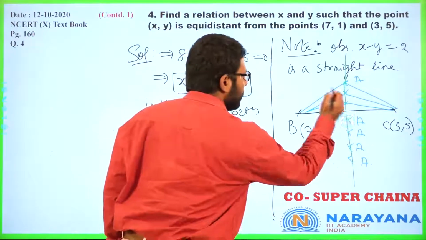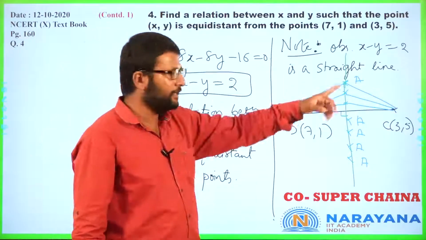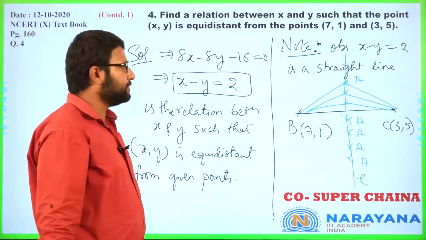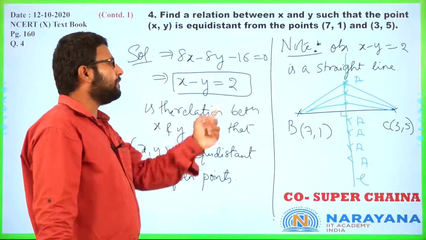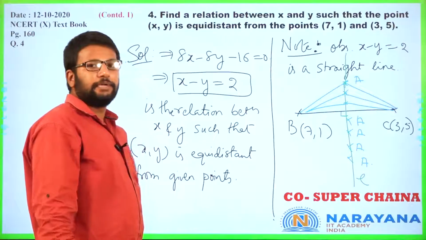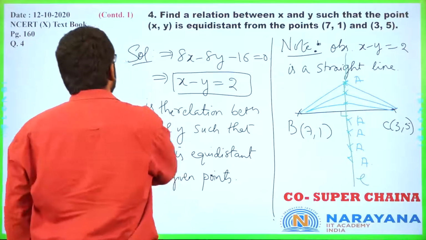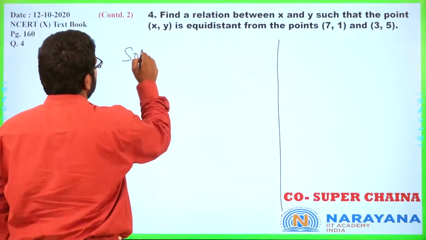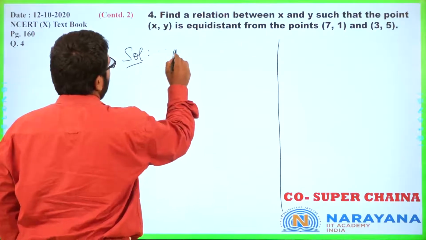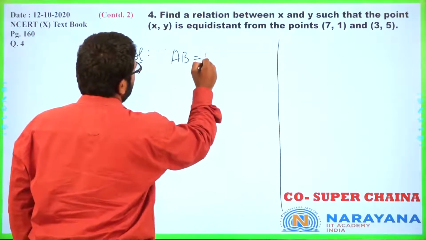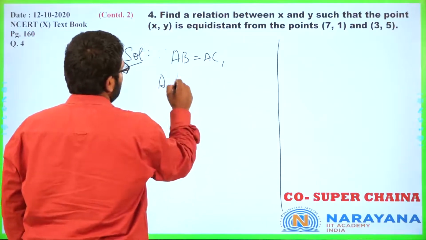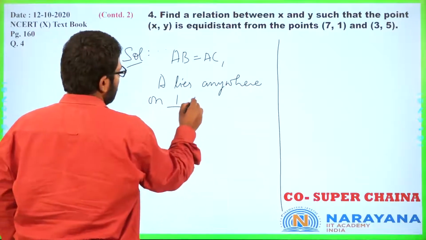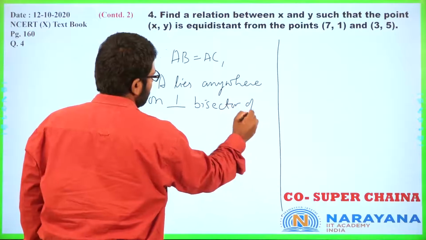What is this straight line called? Because of symmetry, this straight line L is called the perpendicular bisector. So what you have just figured out, this is the equation of the perpendicular bisector of the line segment BC. Okay, so let us just write that down, that since AB equal to AC, A lies anywhere on perpendicular bisector of BC.